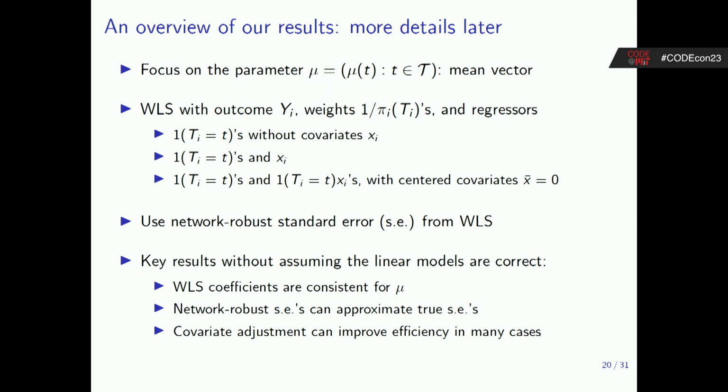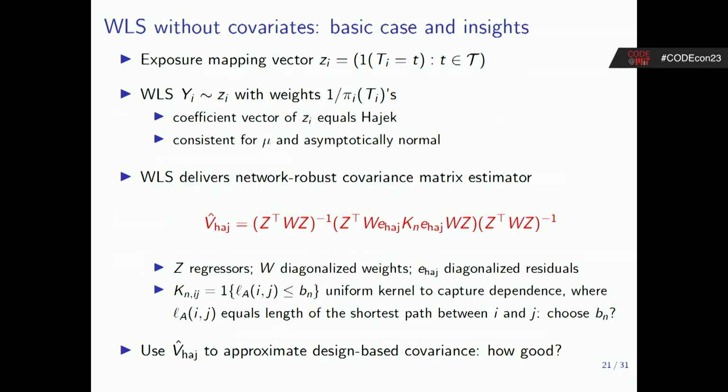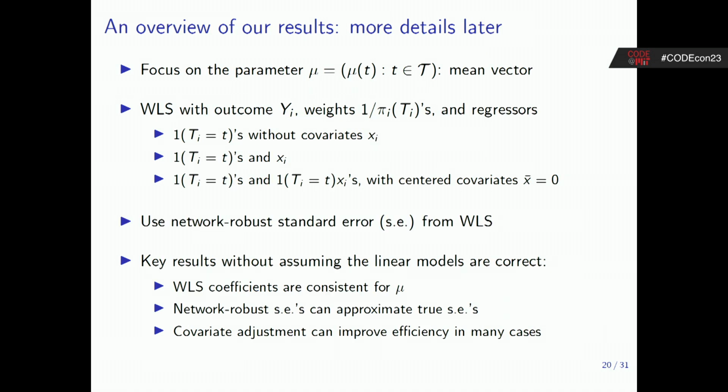The details are difficult later, but let me give you the conclusion in the middle. This is the conclusion, the overview of our results. First, we focus on estimating the mu parameter, the mean parameter, corresponding to the exposure mapping. Second, our recommended method is to run weighted least squares of the outcome Yi on the dummy variables of the treatment indicators.